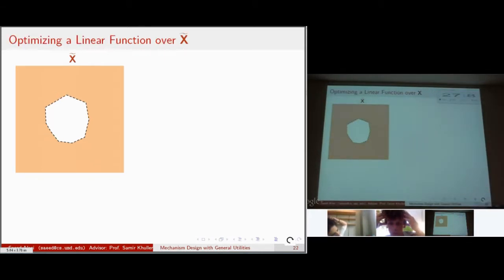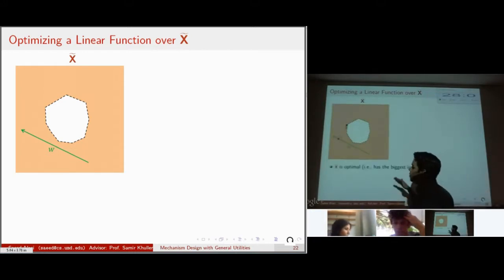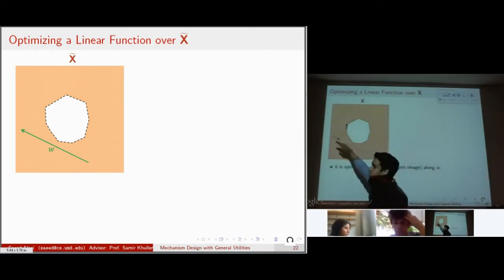So let's see. The first step: I show that it's easy to optimize a linear objective over the space of feasible interim allocations. If you have a linear objective, what you want to do is go as far as possible in this direction. So this is, for example, the optimal in this direction.